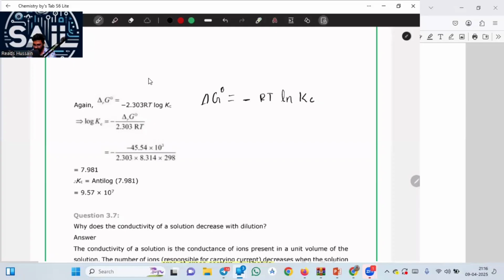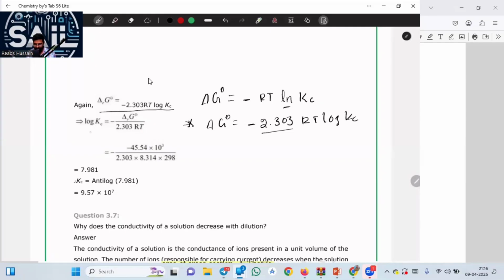Here ln can be converted into log. This ln is the natural logarithm, which can be converted into log by multiplying with 2.303. When you use this 2.303, then ln becomes log Kc. This formula is given in your material.